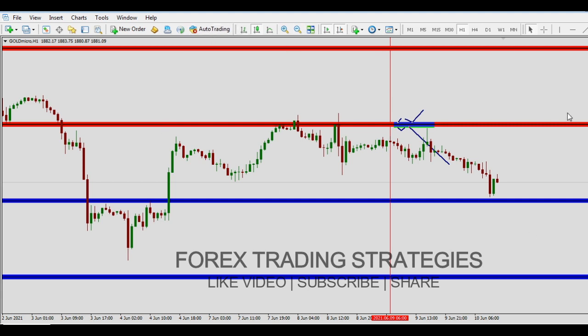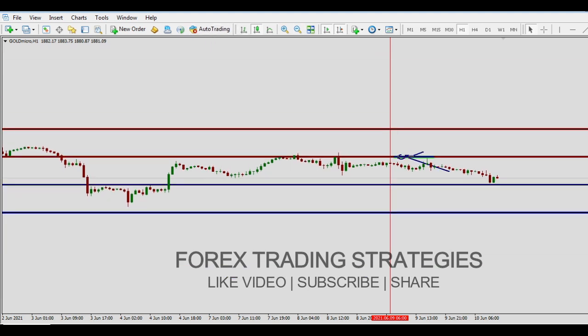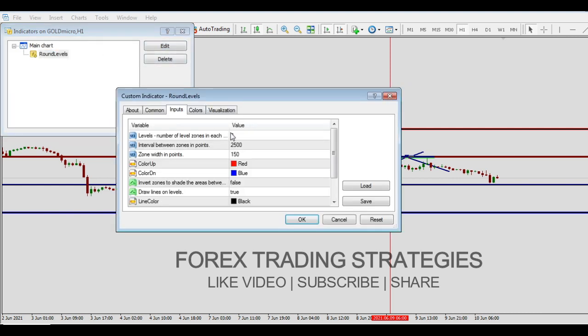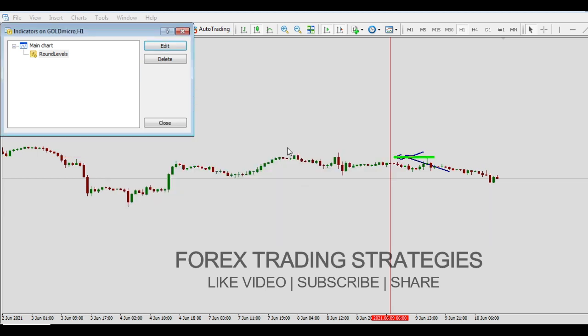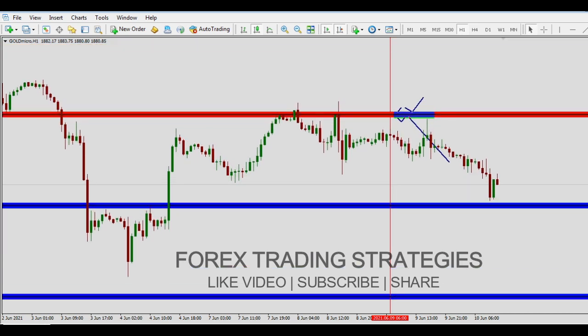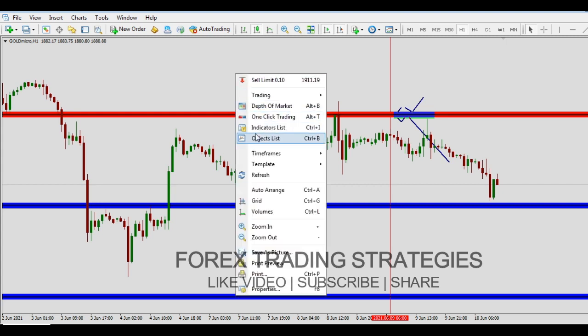Now we only have 2 for resistance, 2 for support. If we say we want 5, so it's going to have 5 for resistance and 5 for support. See what happens. So yeah, that's how you can use this thing.